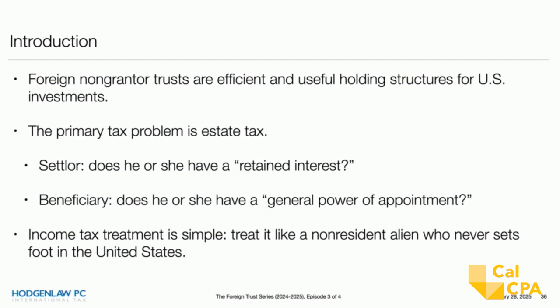The person created the trust, made a gift of an asset to a trust, but had strings attached to that gift. It could be economic strings. I have the right to receive distributions of income or a right to receive some principal back. It could be control. I can control who gets the money. I can control what the trustee does, stuff like that. So either an economic or control interest is retained.